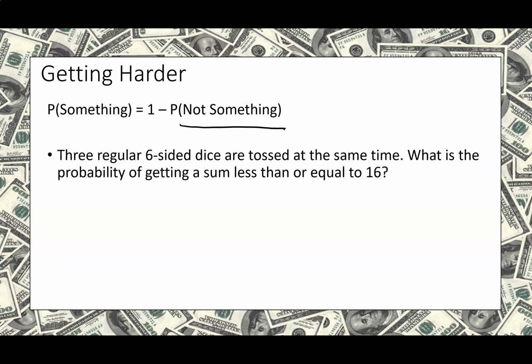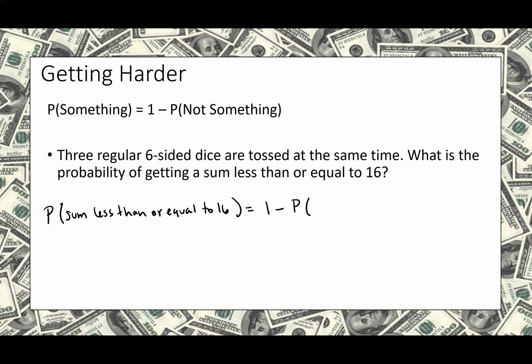All right, so the probability of getting a sum that is less than or equal to 16 is equal to 1 minus the probability. Okay, now think of what is not less than or equal to 16. Well, that would be things that are greater than 16.